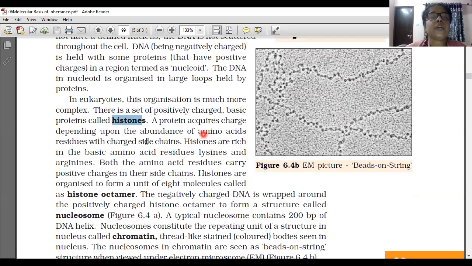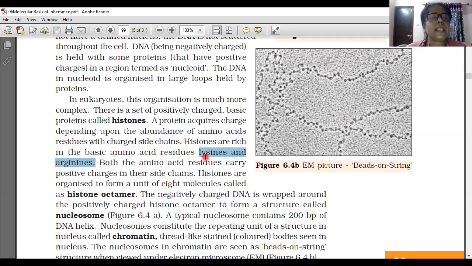A protein acquires charge depending upon the abundance of amino acids. If more positively charged amino acids are present in a protein, then the protein will be positively charged. If more negative amino acids are present, then the protein will be negative. Histones are rich in the basic amino acid residues lysine and arginine.